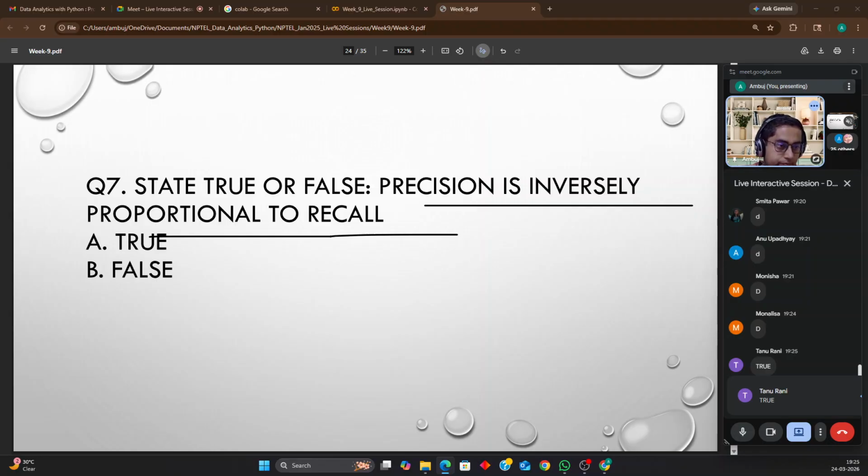True. Okay, good. Good. Precision is inversely proportional to recall. Yes. We will see. Okay.